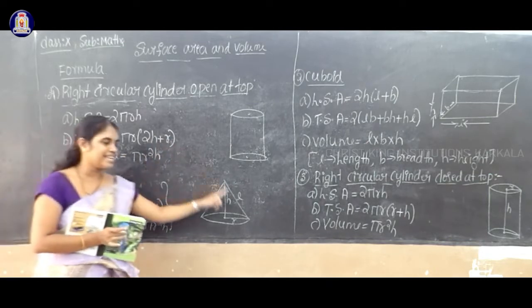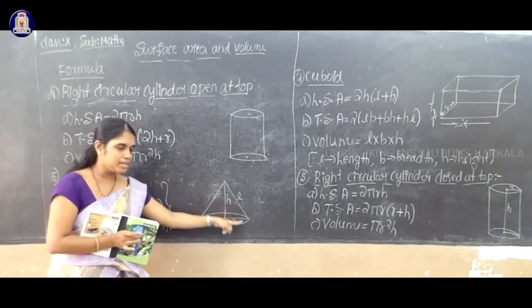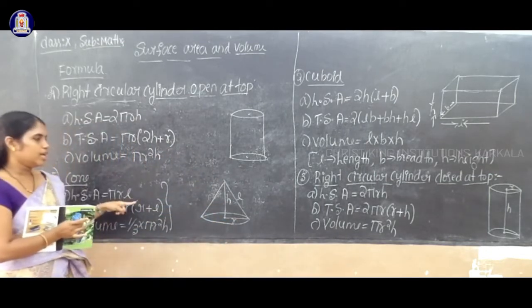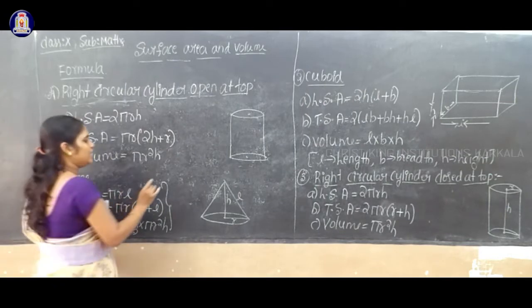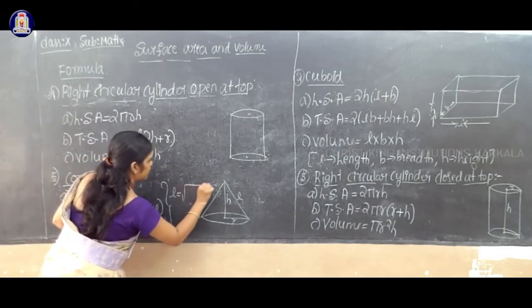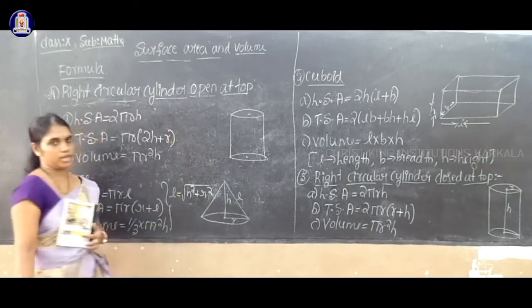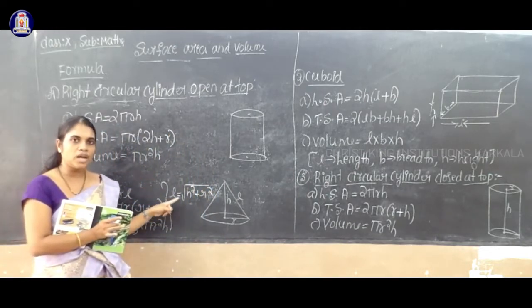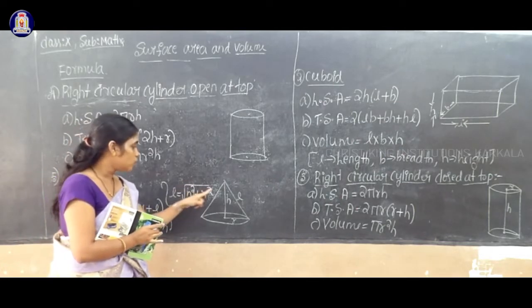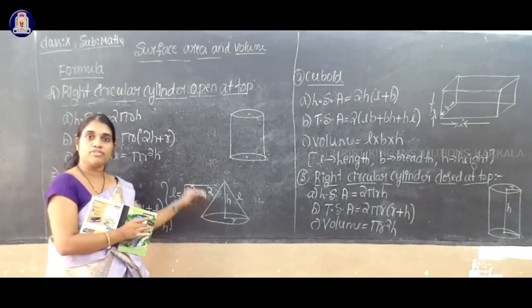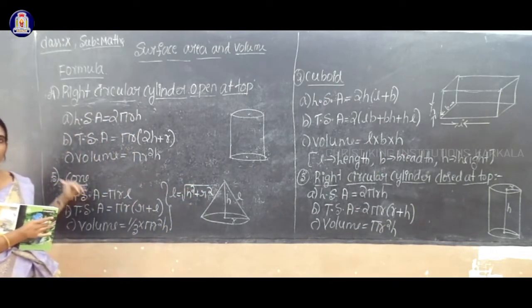L means slant height. The value of L is given by the square root of h square plus r square. By using this formula, L is equal to square root of h square plus r square, we can calculate the length of the slant height.